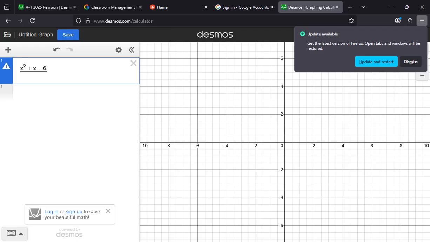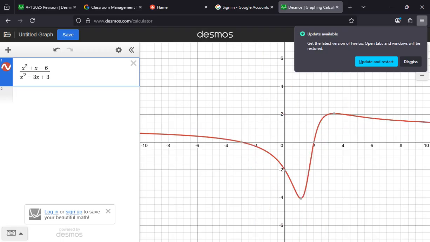And we have that over x squared minus 3x plus 2. Except that's a 3. There we go. So our graph actually looks pretty simple to draw, because it's just two curves.